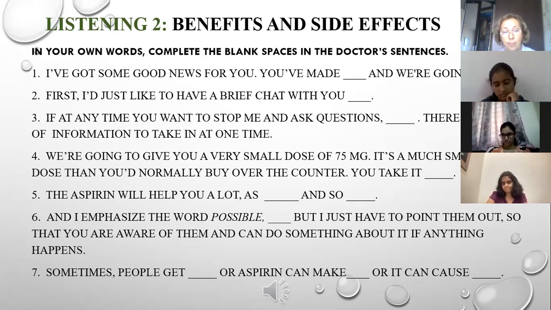Okay, that's good. Now, as with everything we take, there are some possible side effects. And I emphasize the word possible, as you may not get any of them. But I just have to point them out so that you're aware of them and can do something about it if anything happens. Okay. Sometimes people get an upset stomach, or aspirin can make the stools of some people dark and smelly, or it can cause bleeding, like nosebleeds or shortness of breath.